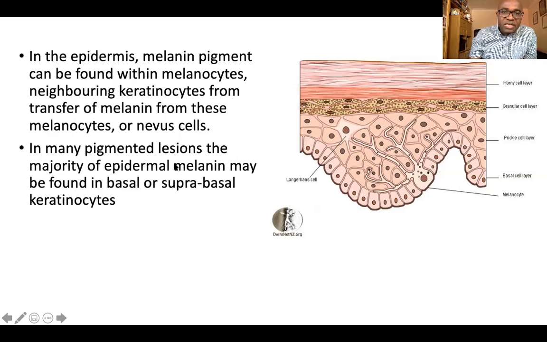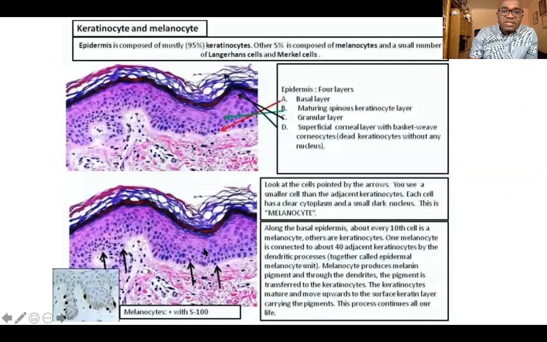So in many pigmented lesions, the majority of epidermal melanin may be found in the basal or suprabasal keratinocytes. So as I said, this is the basal keratinocytes, and suprabasal keratinocytes are here. This is kind of a histological picture, which shows a little bit of keratinocytes and melanocytes, and shows you that the epidermis is composed mainly, 95%, of keratinocytes.